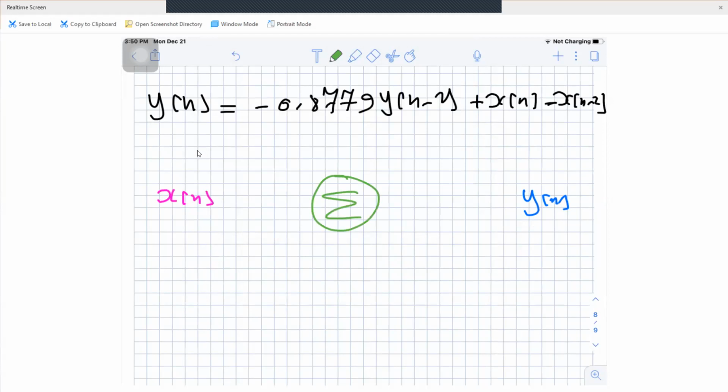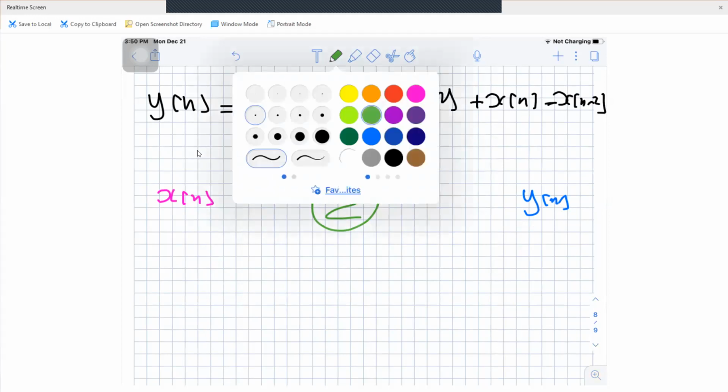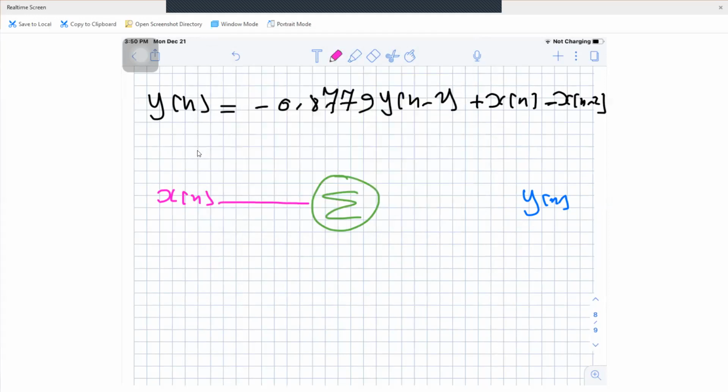Well, now, as you can see here, we have x of n, and x of n minus 2. So how are we going to realize x of n minus 2? Of course, by z to minus 1, which means delay by one sample. Again, z to minus 1, delay by another sample.